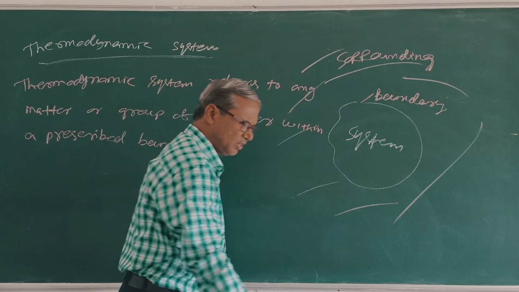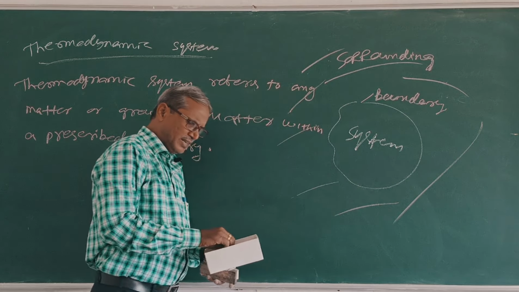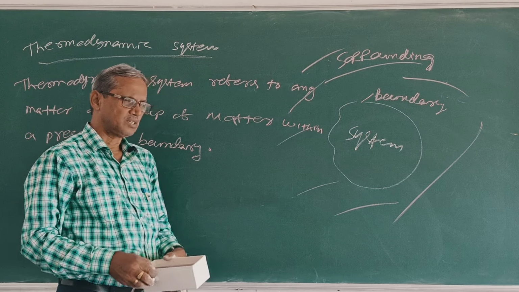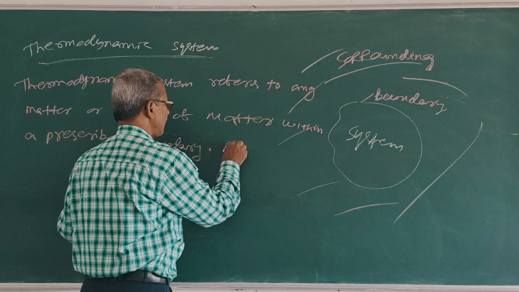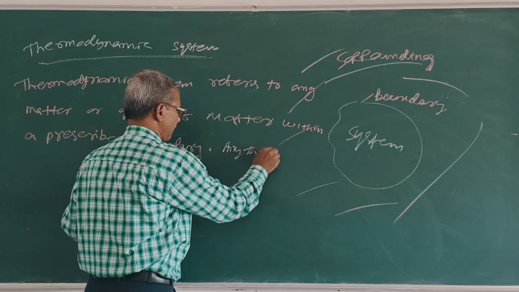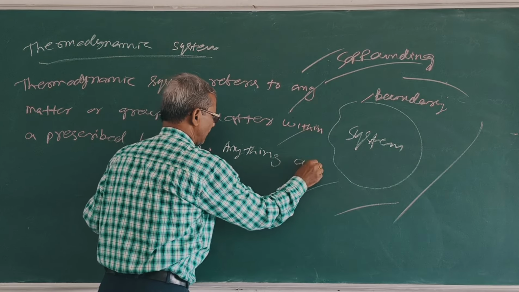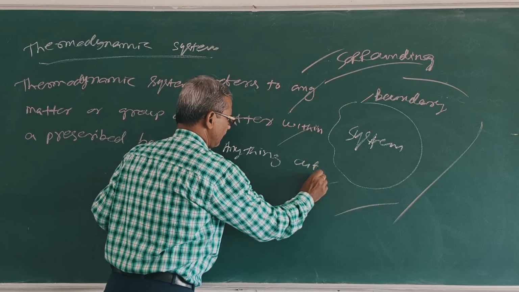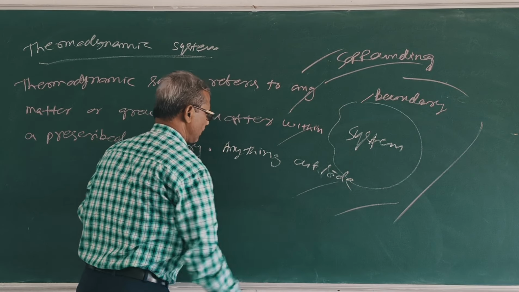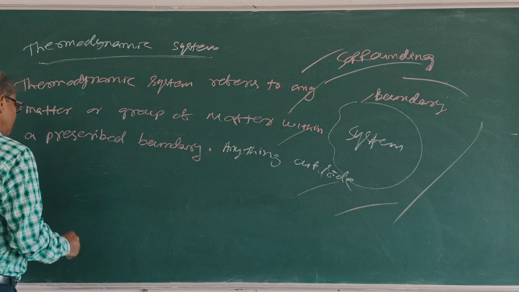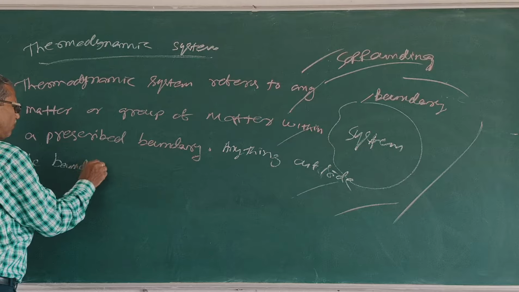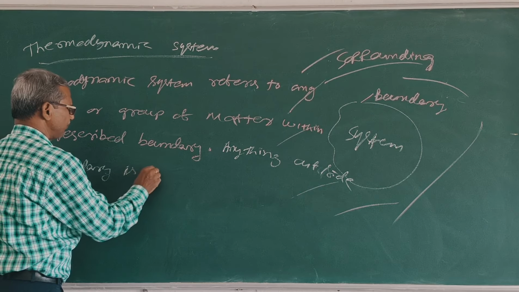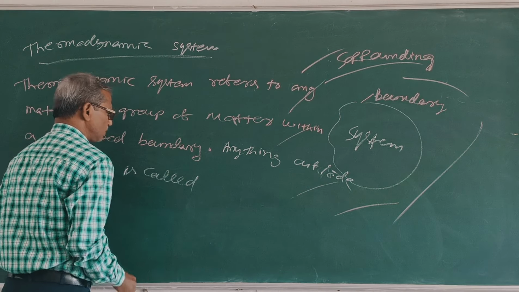Clear? So within a boundary, anything is called a system. Anything outside the boundary is called surrounding.